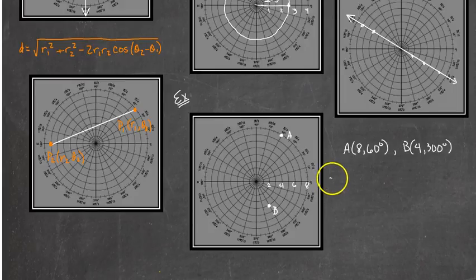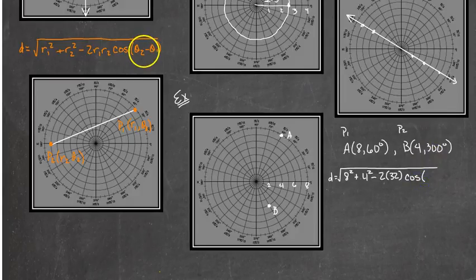The distance is just the formula. Let's call A point 1 and B point 2, so we have designation values to put into the formula. Radius 1 is 8 squared, plus radius 2 is 4 squared, minus 2 times 8 times 4, so that's 2 times 32, times the cosine of theta 2, 300, take away 60.